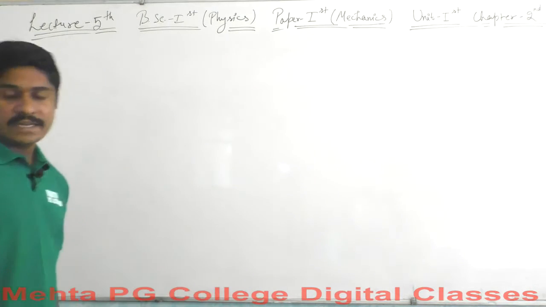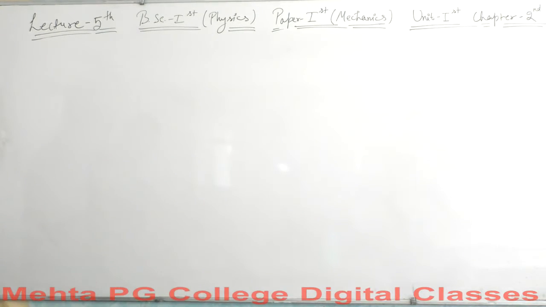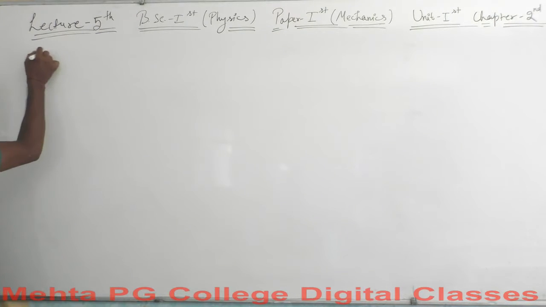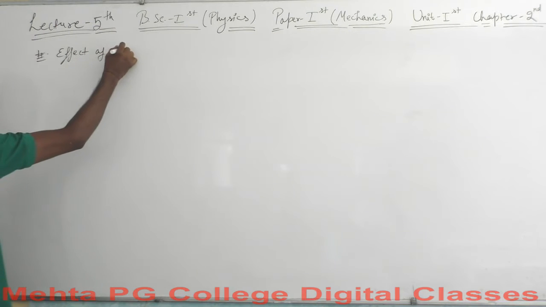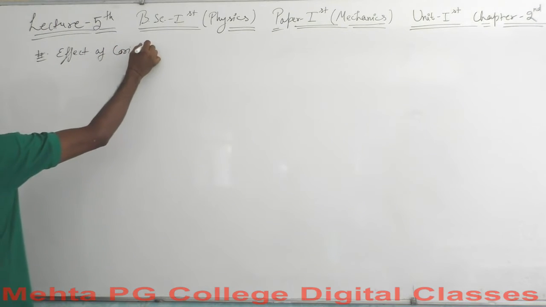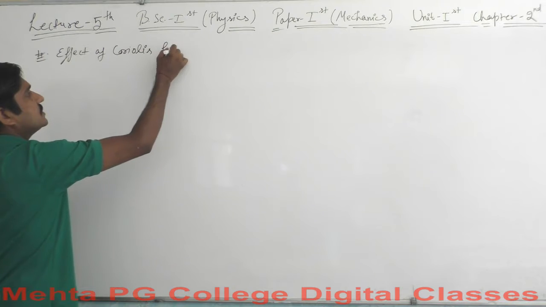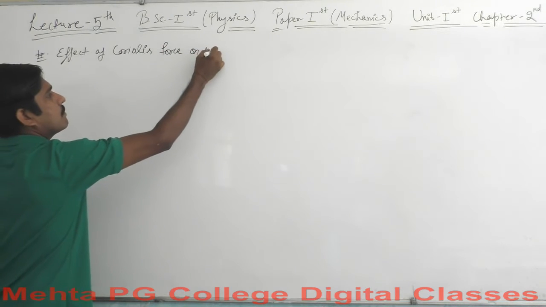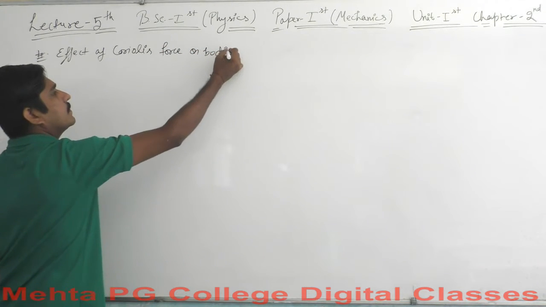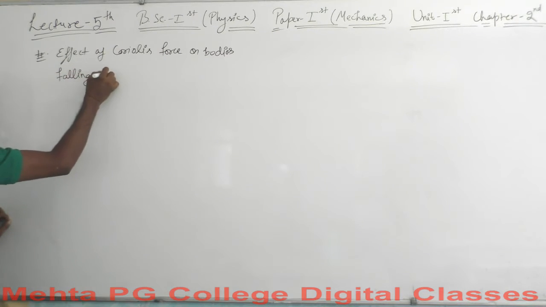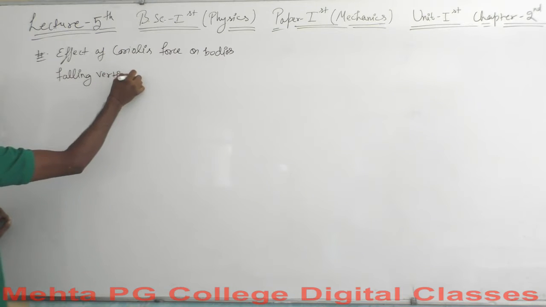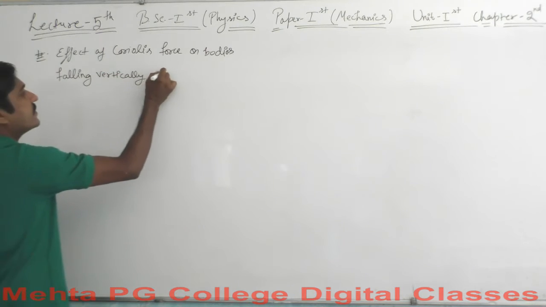So let's start: the effect of Coriolis force on bodies falling vertically downwards.